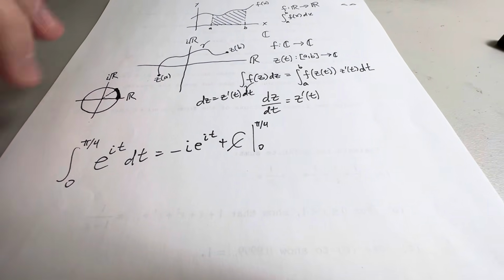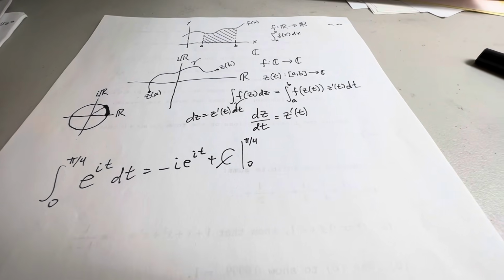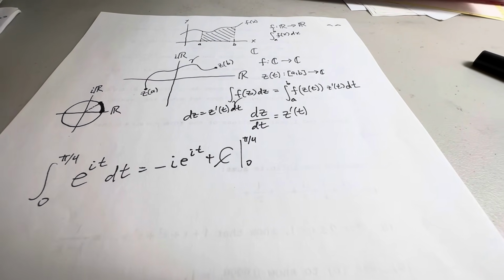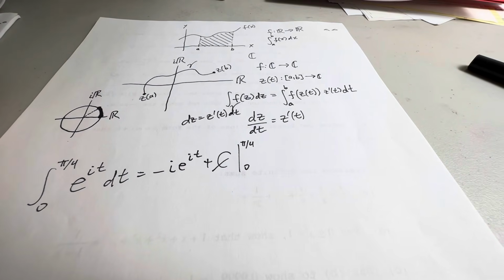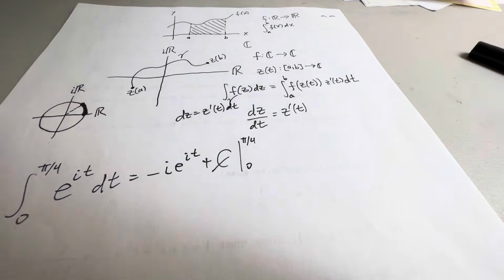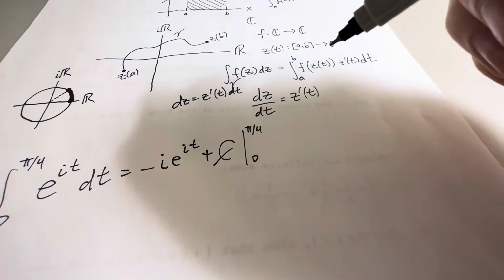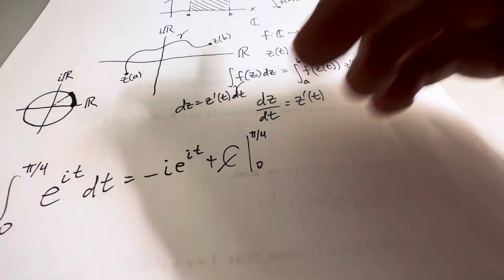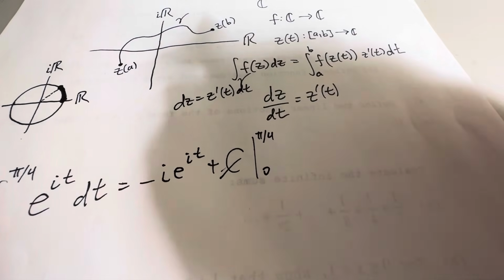When you have a definite integral, you don't have to write it, and some people complain at me when I write it. But I keep it because it's just the way that I learned it. It's muscle memory at this point. I don't think about it anymore. What I do is I just cross it out as soon as I write it down, and it bothers me if I don't write it. So that's all I'm doing there.